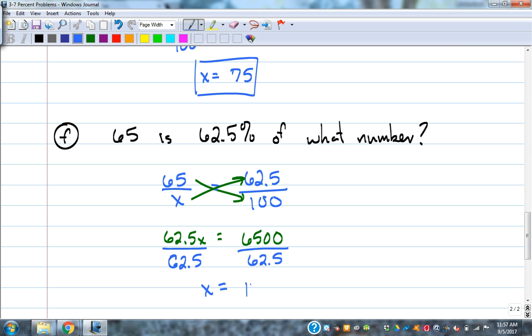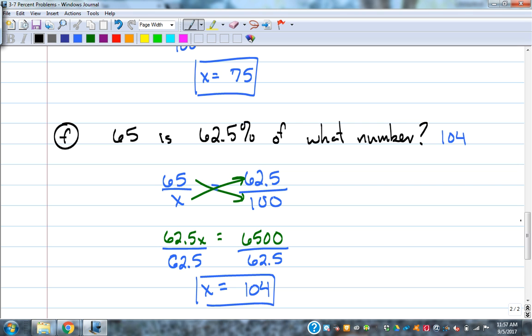It's 100 and something. 104 even. No, nothing after that. Awesome. 104. No percent sign on that because we already had something else with a percent sign. All right. Easy stuff, right? Is over of equals percent over 100.